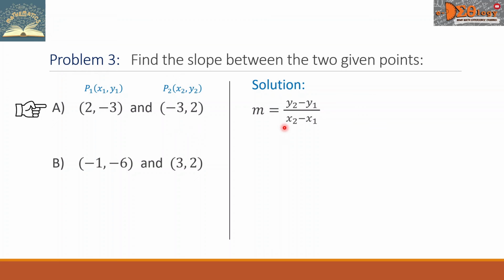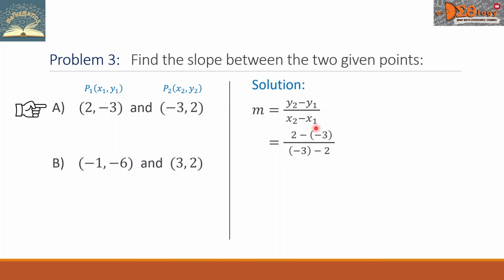Let us now substitute the corresponding values. In the numerator, y sub 2 is 2 minus y sub 1, that is negative 3, all over the x sub 2 is negative 3 minus x sub 1 is 2. Then we simplify. In the numerator, 2 minus negative 3.